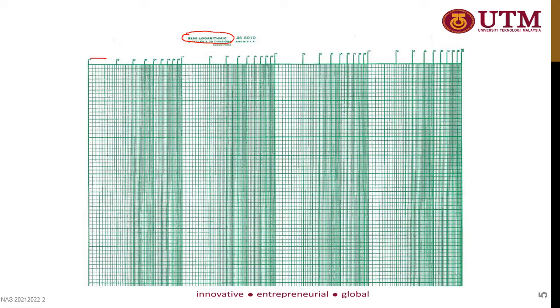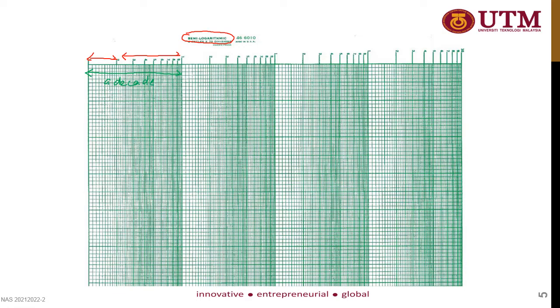This one is a bit bigger compared to the next section. Basically the semi-log graph paper breaks the sections by decade. You can see that this one, from the lighter white color to the darker green, represents a decade.